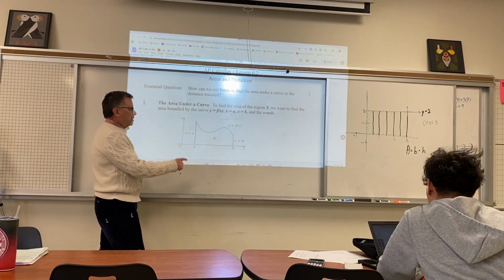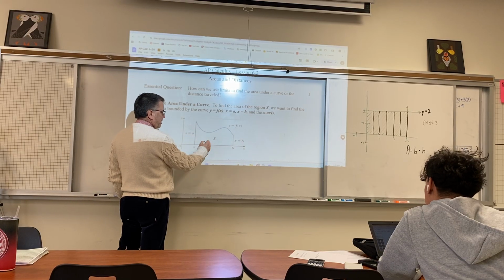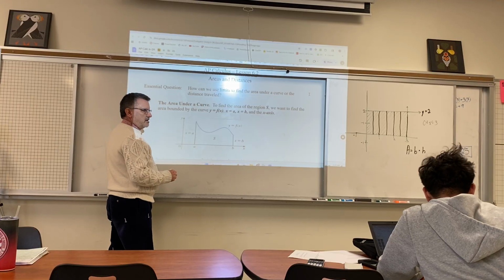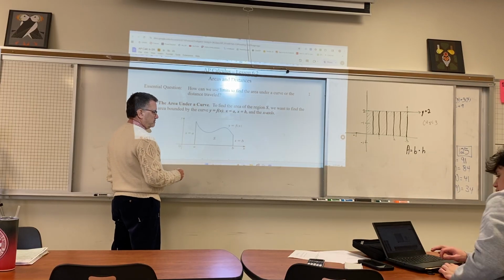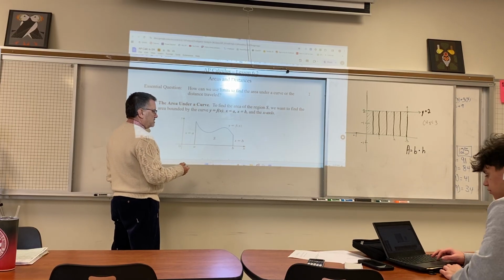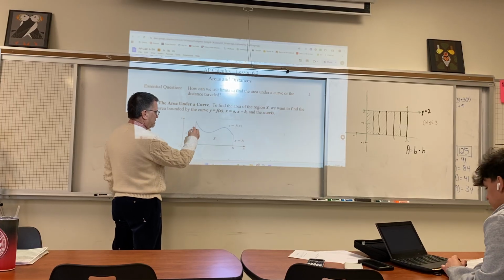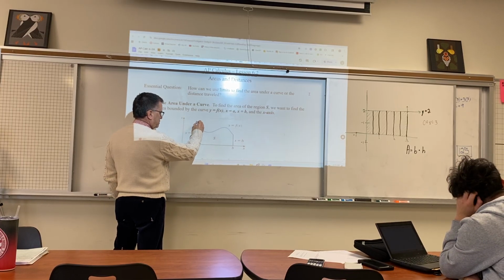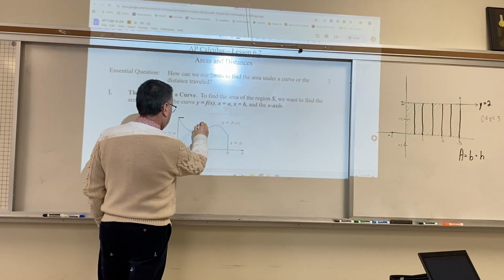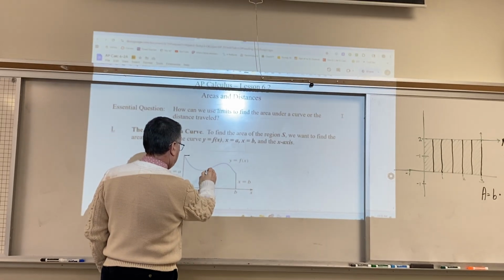So I'm interested in this area under here, and I can make different rectangles. Over there we made 6 rectangles, so let's say we make 6 rectangles. I'm going to try to estimate 6 rectangles here.